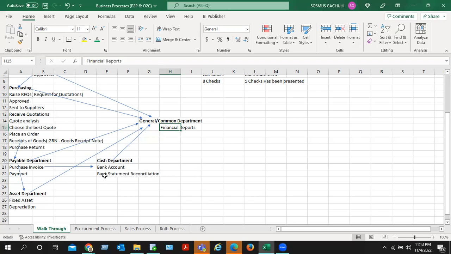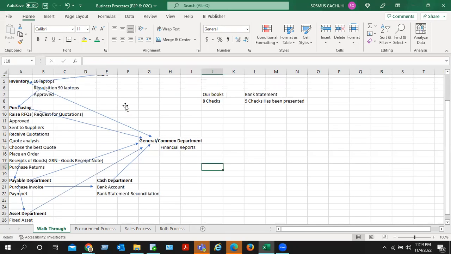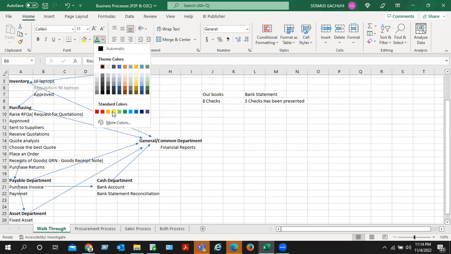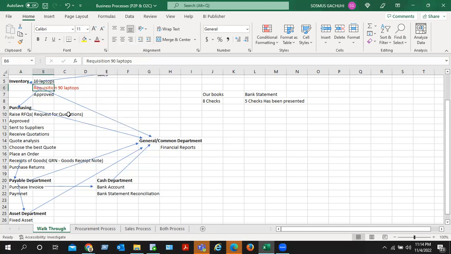So the most primary information you are supposed to note with this process is that we start at requisition. This is where we begin our transaction, and we end with payment.